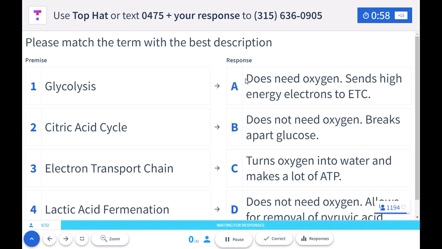So, guys, gals, we have a review question. Please match the metabolic pathway with the correct response. Does glycolysis best match with A, B, C, or D? So on and so forth.